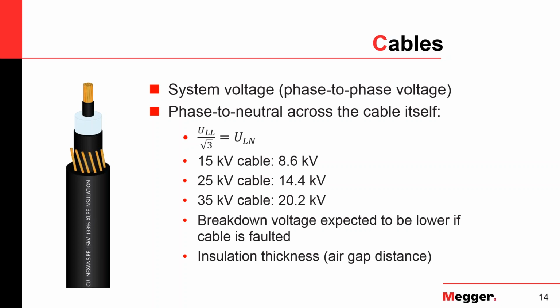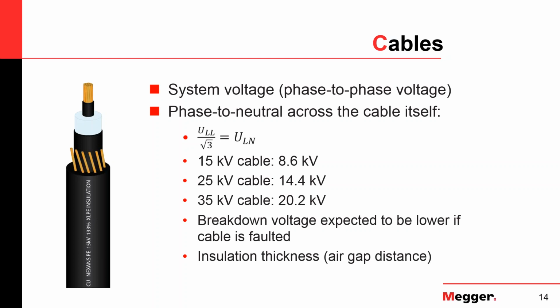At its max. There are a lot of utilities or co-ops that would not even go to the 8.6 kV in terms of the 15 kV cable, for instance. Their operating voltage would be 7.2, and that comes out to less than 15 kV phase-to-phase.